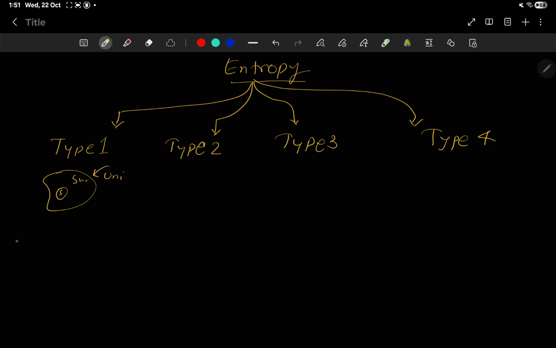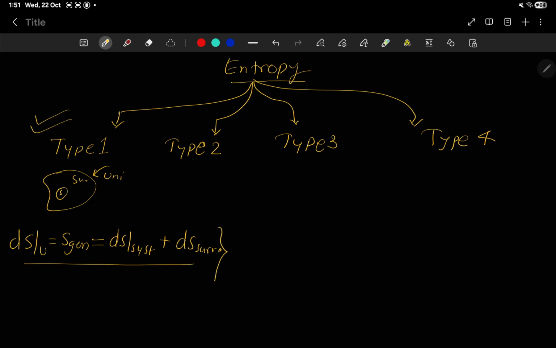As we have written earlier, dS of universe will be equal to S generation equals dS of system plus dS of surrounding. Okay, so this is one relation. So this is for type 1.